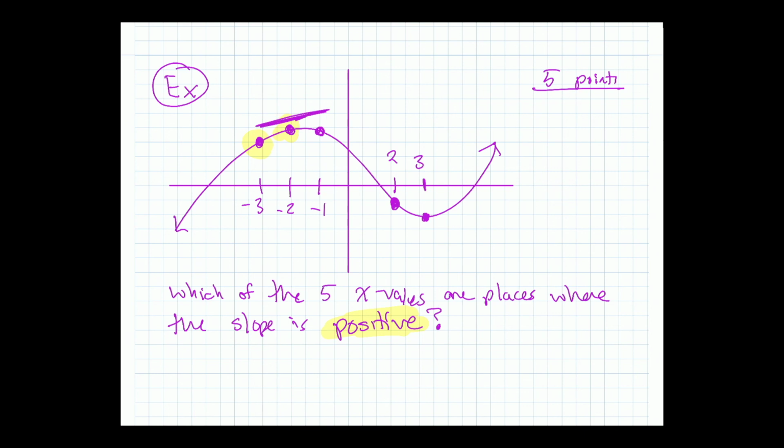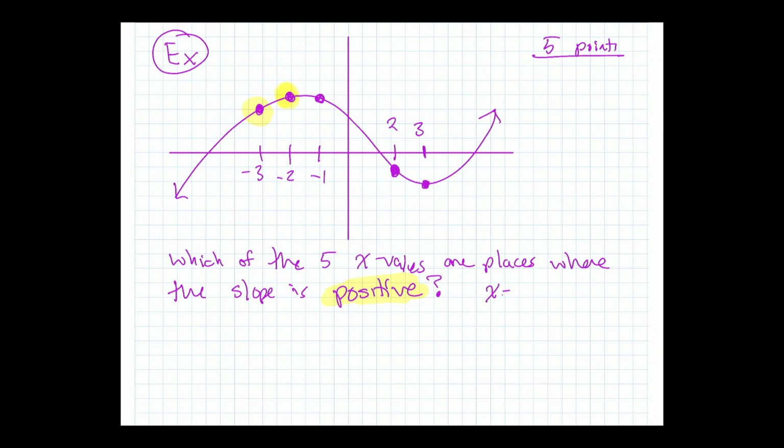It's about like that. It's a shallow slope, but it is positive still because it's still up and to the right a little bit. So this is also a place where it's positive. Now what about the other points? I think this one's already negative. So not that one. So just these two that I highlighted. So that's it, just list them.